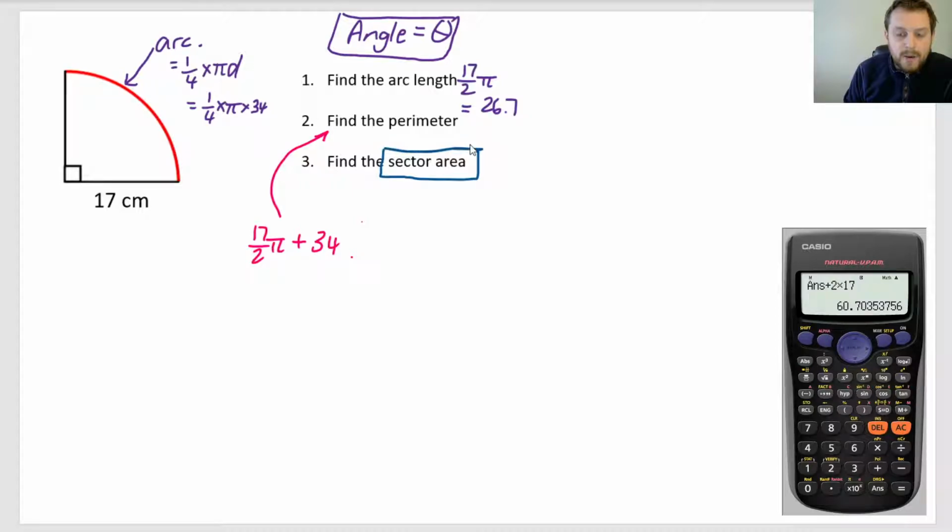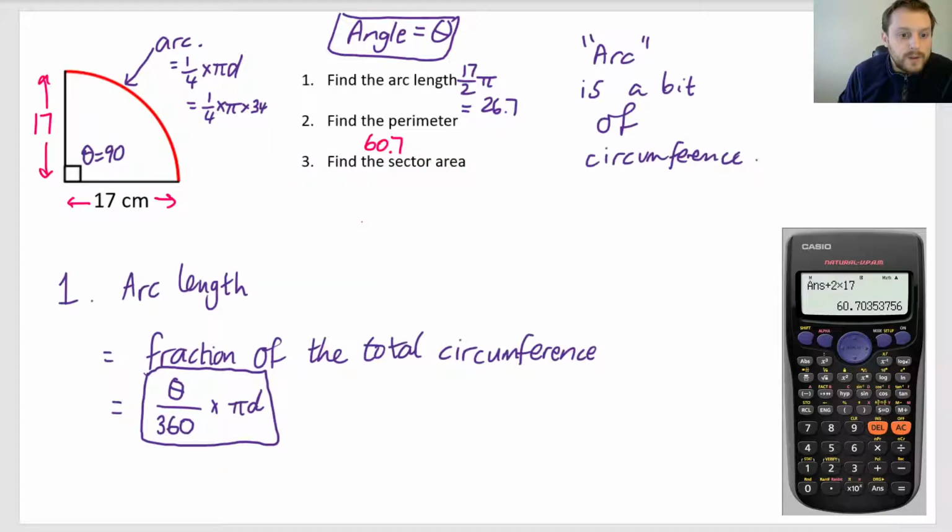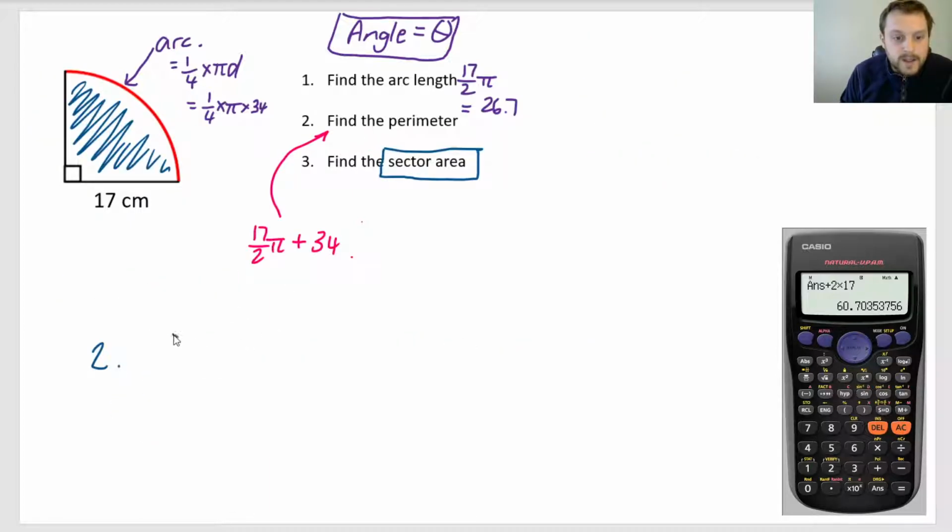So the sector area. This time I'm actually wanting to work out the area of this. Basically it works the same way. The second formula, I've got the first one here, second formula: sector area is again a fraction, or a proportion, some percentage of the full amount of the area.